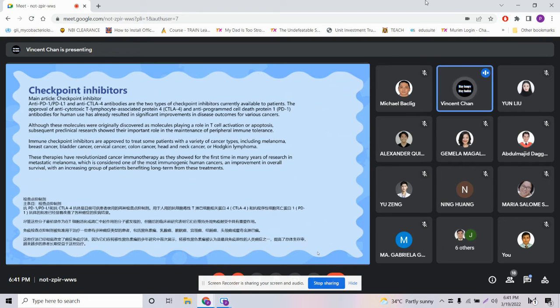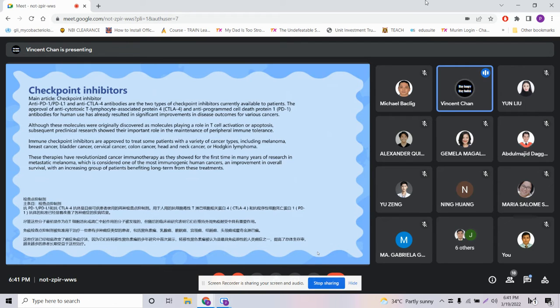The approval of anti-cytotoxic T-lymphocyte-associated protein 4 (CTLA-4) and anti-programmed cell death protein 1 (PD-1) antibodies for human use has already resulted in significant improvement in disease outcomes for various cancers.